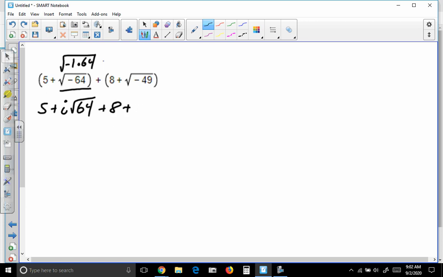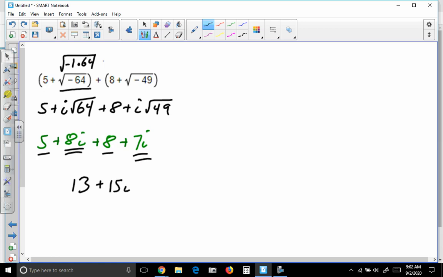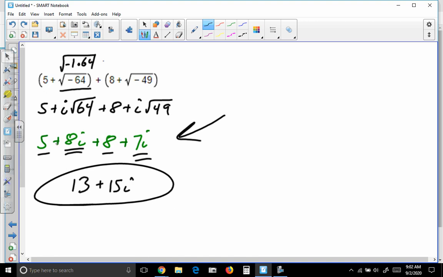So the square root of a negative, that's going to be imaginary, and then what's the square root of the real part? The square root of 49 is 7, so that's 7i. And if we combine what's alike, we have 13 real numbers, or our real numbers total 13, and then the imaginaries total 15i. But we had to get it into i notation in order to combine those.